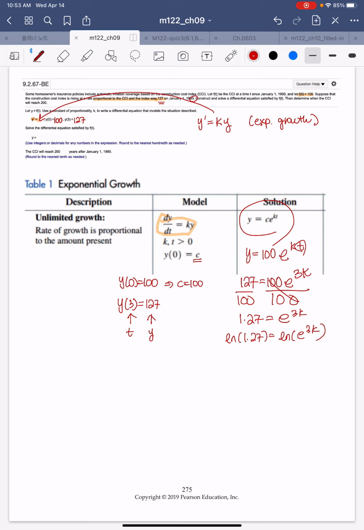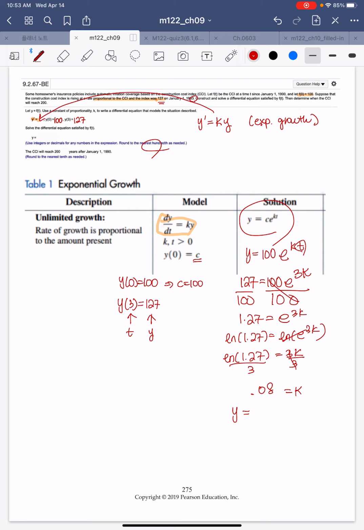So I have ln of 1.27 is equal to 3k, divided by 3. Now let's get a decimal number. They want you to round any decimal to the nearest hundredths. That's 2 decimal places. So I'm getting 0.08 for the k.